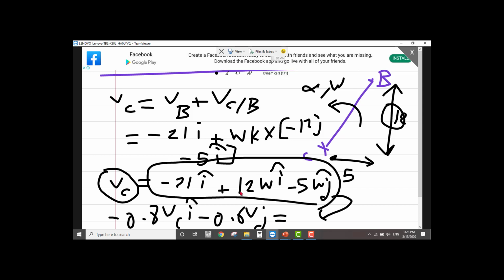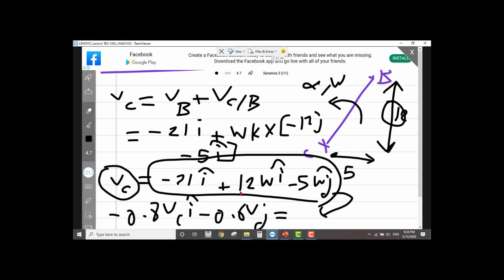So if you take a look, we have an i equation and a j equation, and we have two unknowns. If you solve them, so let me go to a new page.